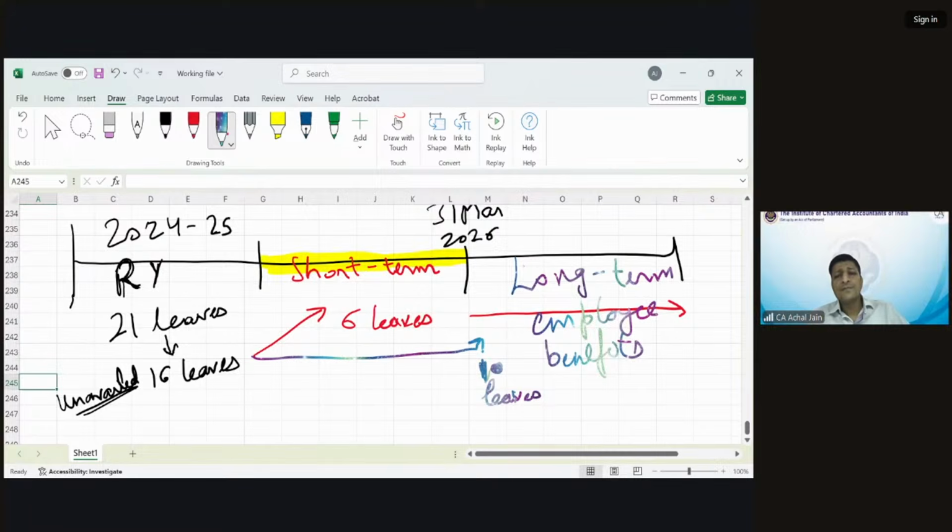So 16 leaves are pending. In this case, can you tell me the accounting treatment for these 16 leaves?